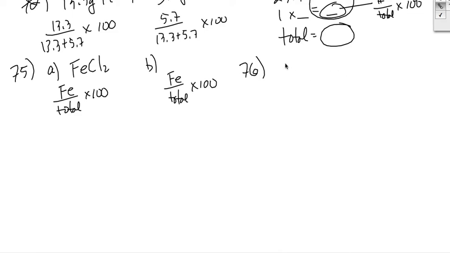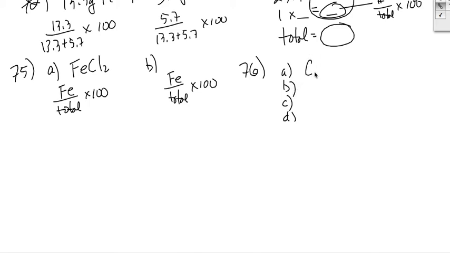An empirical formula is the simplest ratio of the elements in the compound. So all you have to do for A, B, C, and D is look and see which one of those is in the simplest ratio.